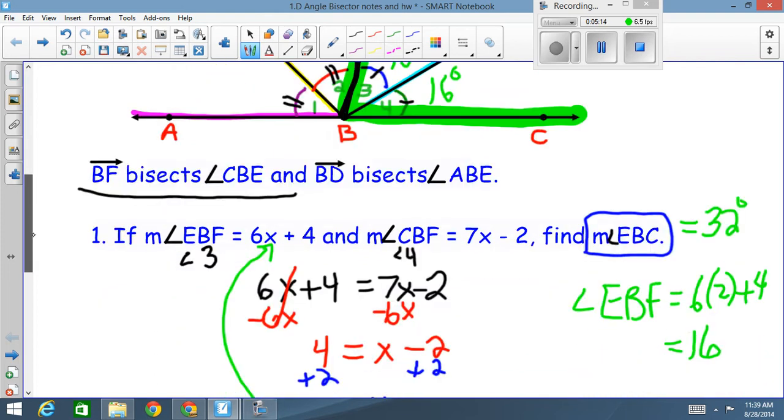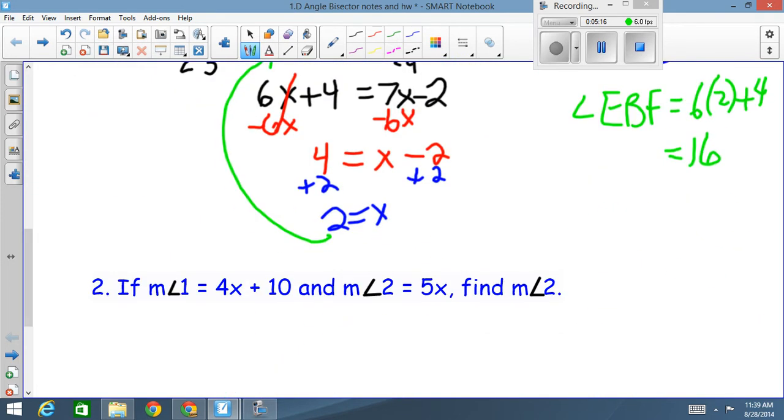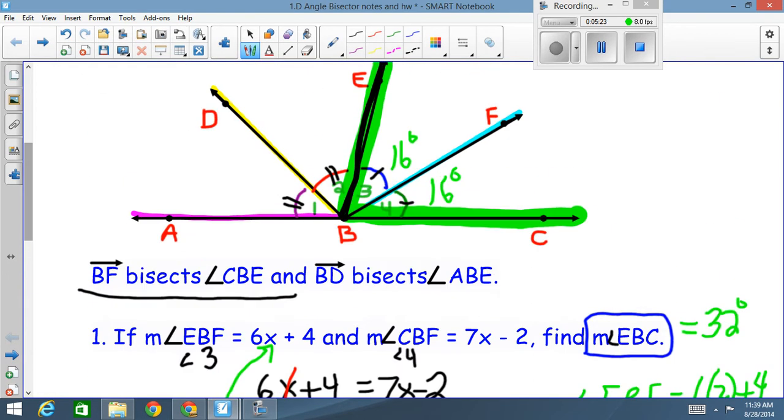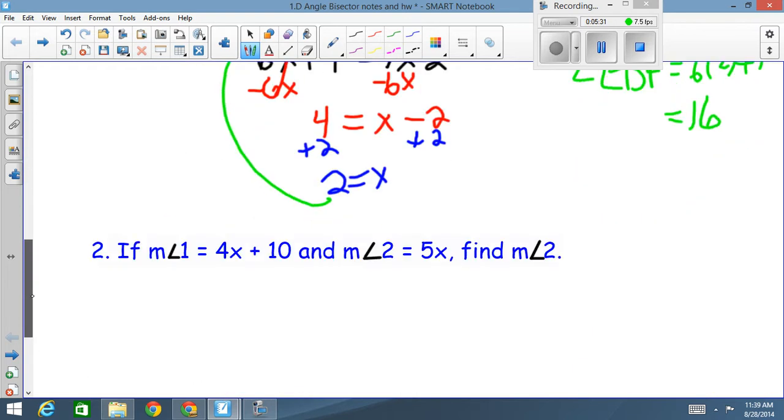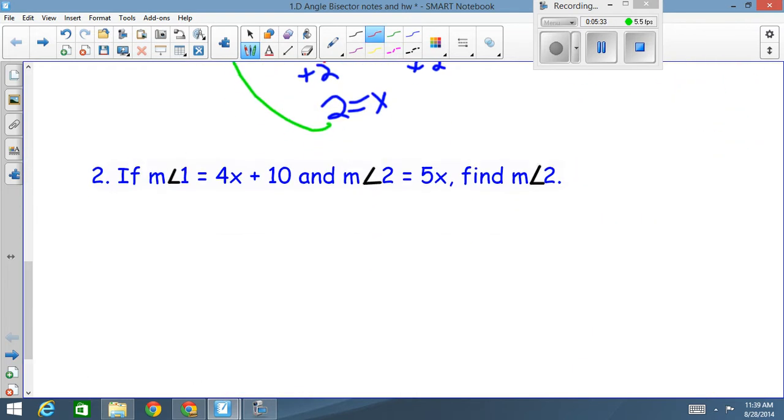Okay, let's look at our second example. Second example says angle 1 is equal to this, angle 2 is equal to this. Well, if we go up to our picture, angle 1 and angle 2 are the same. They both have 2 notch marks based on the information given earlier. So since those are the same, I can set those equal to each other. 4x plus 10 is angle 1, and that's equal to angle 2, which is equal to 5x. Let's solve for x.